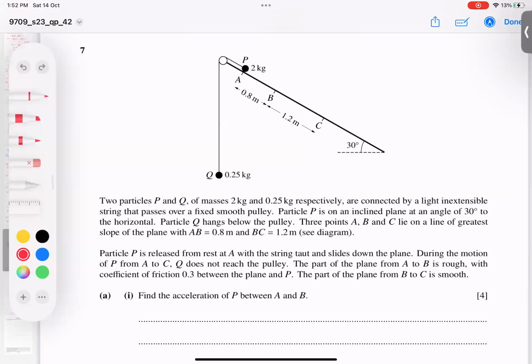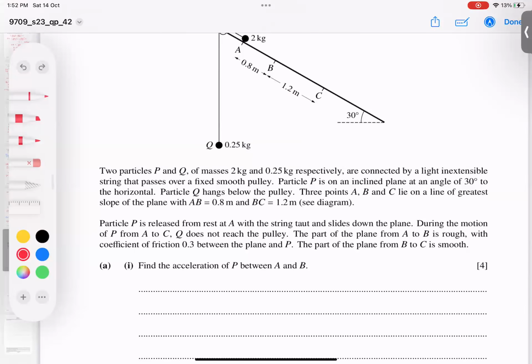I'm reading again: smooth pulley. Pulley is always smooth. And 30 degrees, and Q hangs. The slope AB is 1.8, with 0.8 and 1.2. Then he said P is released from rest. It means 100% the speed at A, on the top, is 0, because it starts from rest.